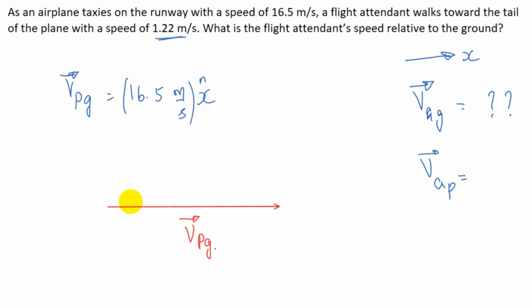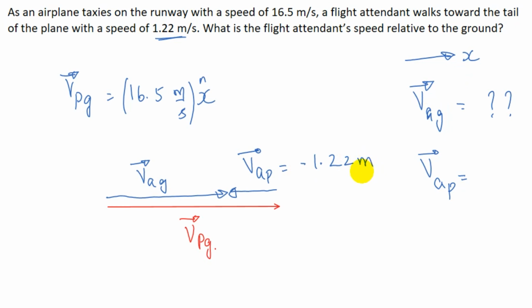Actually the person is running towards the tail of the plane, so he should be running like this. This will be the velocity of the attendant relative to ground. So the velocity of attendant relative to plane would be in this direction. This is VAP, and this value is 1.22, and since it is along the negative x direction, we can write minus 1.22 meter per second x cap.